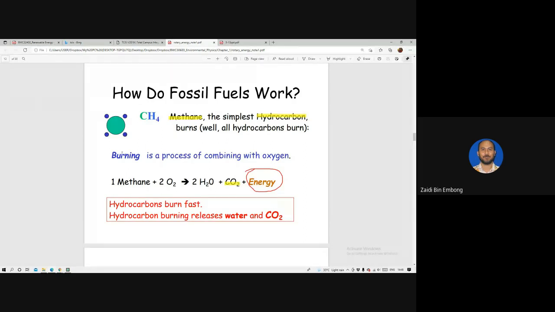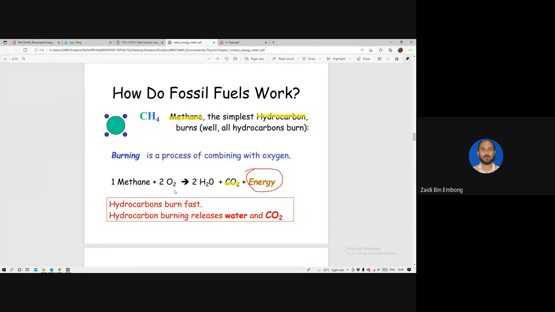Okay. Right. And then in terms of the burning process, what is burning? The burning process is the process of combining with oxygen. It means if the fuel contains CH4, and you burn it, burning means you burn this CH4 by applying oxygen.